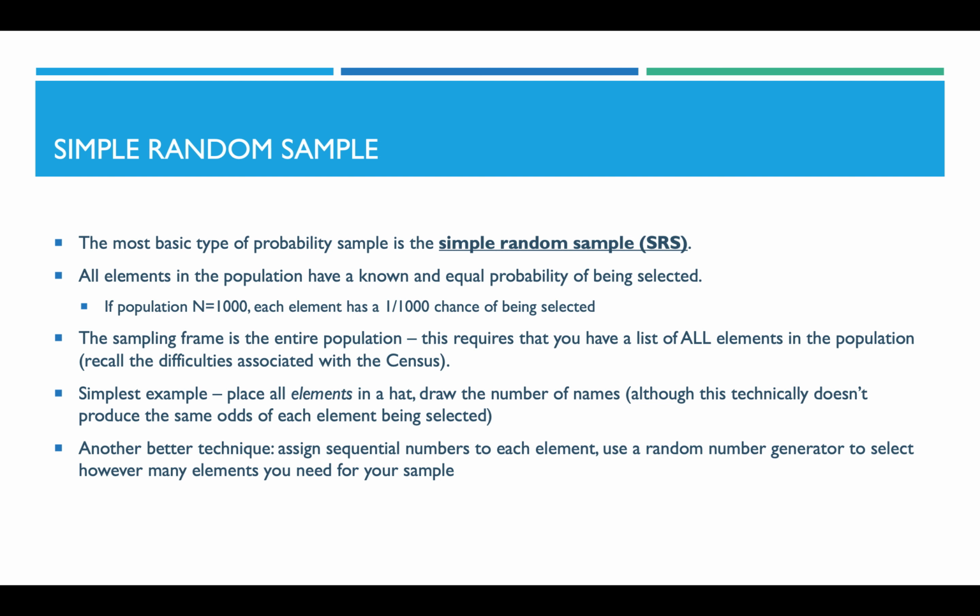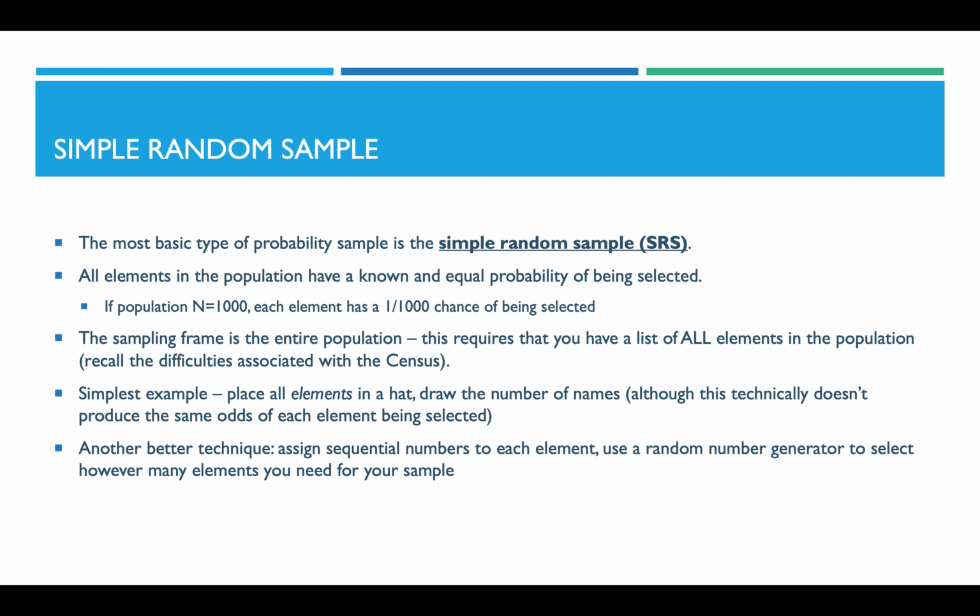A better technique, though, is to take our list, our sampling frame, which in this case is the same as the entire population, and assign sequential numbers to each element on that list. So going back to our original example, if we have a population of 1,000 elements, we would number each element on the list 1 through 1,000.